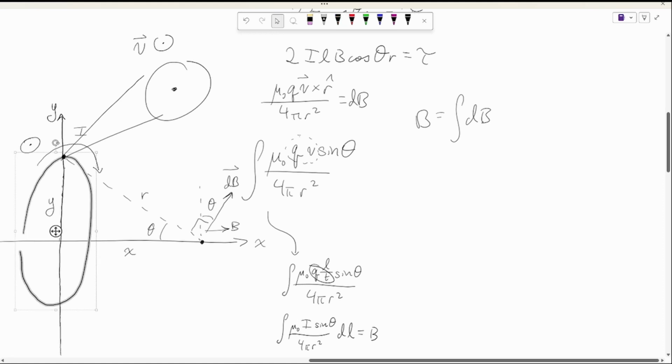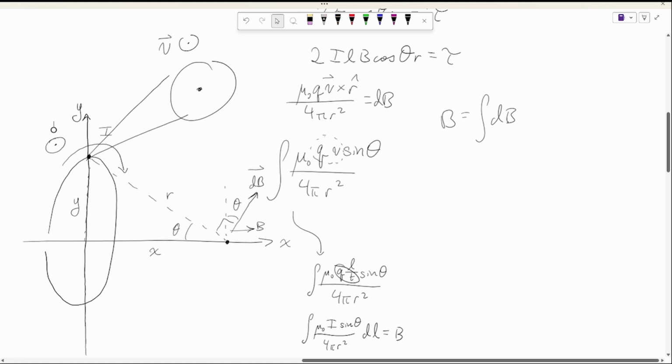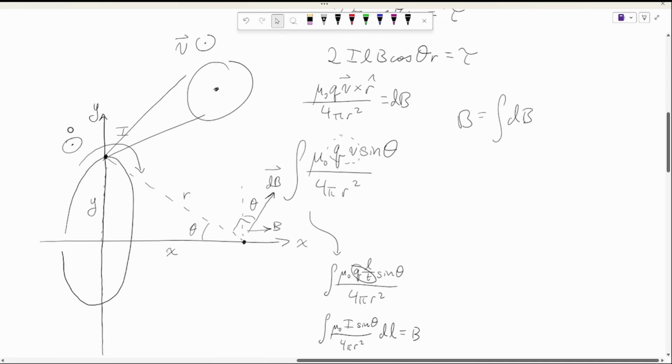Right, never mind, I'm looking at it wrong. So if you're looking at electrons moving, V is into the page, but then Q becomes negative and it cancels out. For pretty much all of magnetism, it's easier to just forget that electrons are moving and just think about positive charge and current.